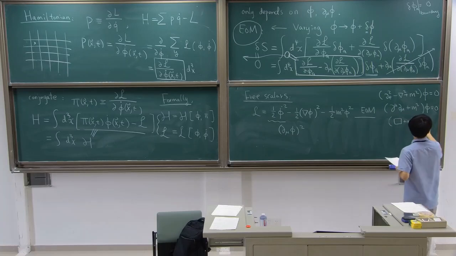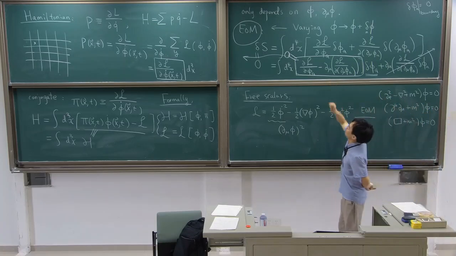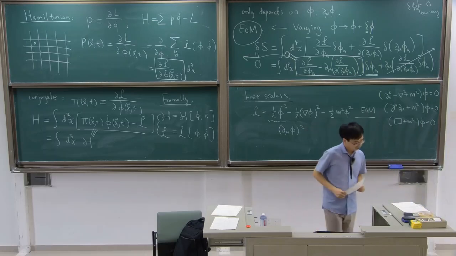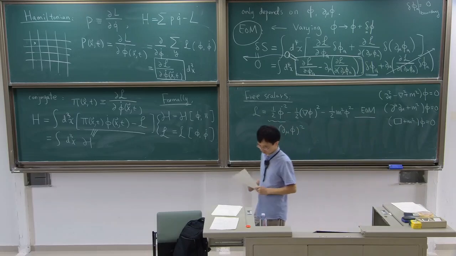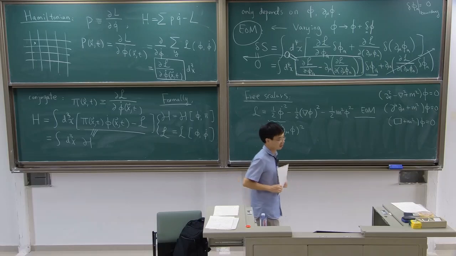All of these three equations are the same, just different ways of writing the same thing. Just follow this formula to get the equation of motion. You get this one. Of course, you can check yourself. Are there any questions about the equation of motion for classical fields?